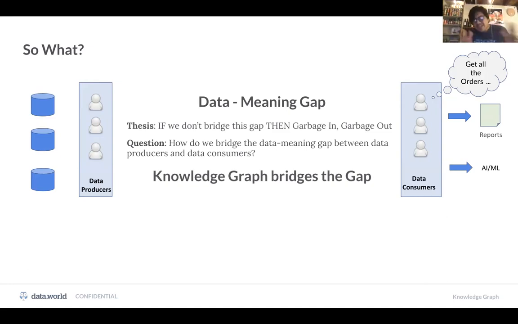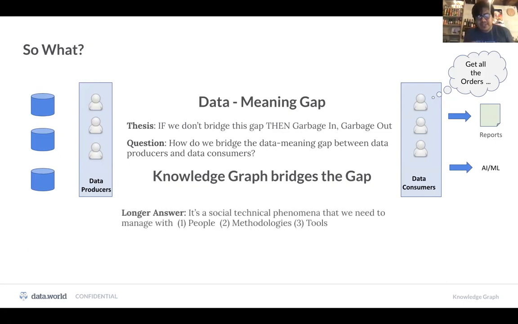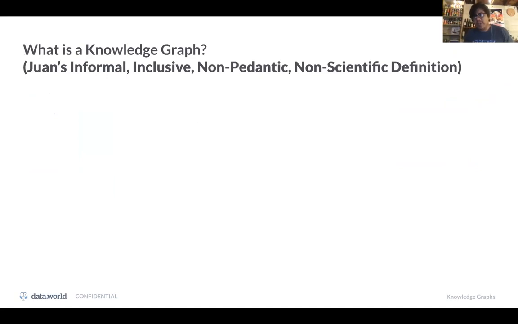As you can imagine, where I'm going with this is that the knowledge graph is a way to bridge the gap. But obviously, we really need to understand the levels and the details of this socio-technical phenomenon, which is people, methodologies, and tools. So I'm bringing up knowledge graphs here for the first time, and I'm going to provide you my informal, inclusive, non-pedantic, and non-scientific definition.